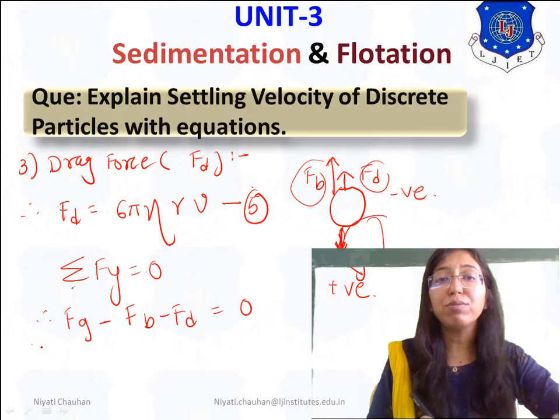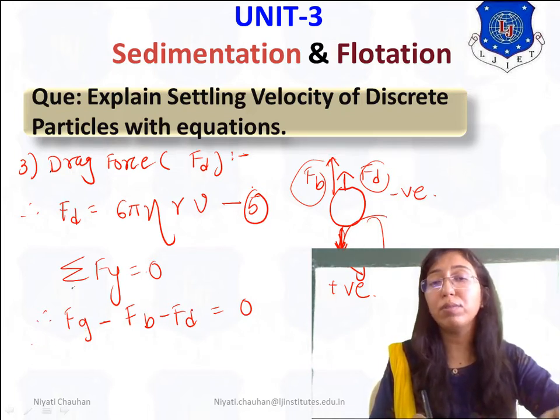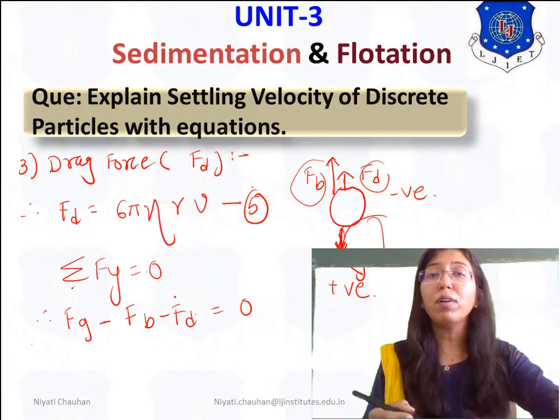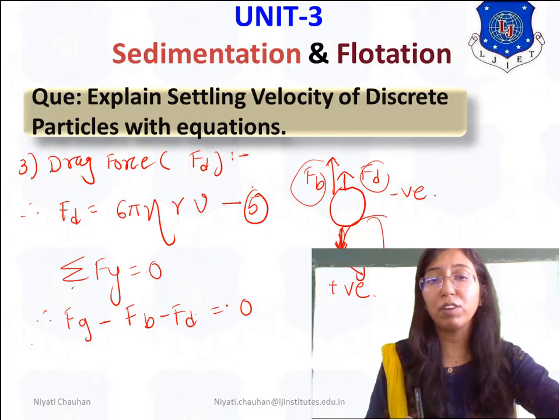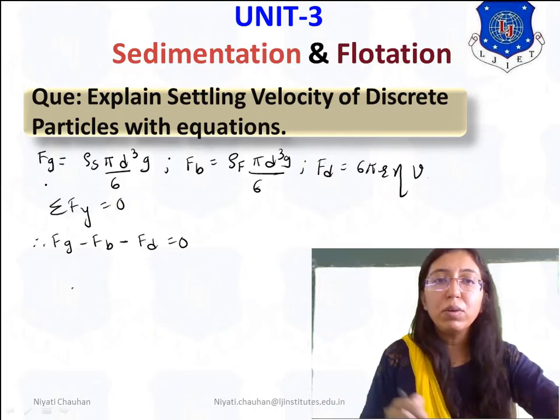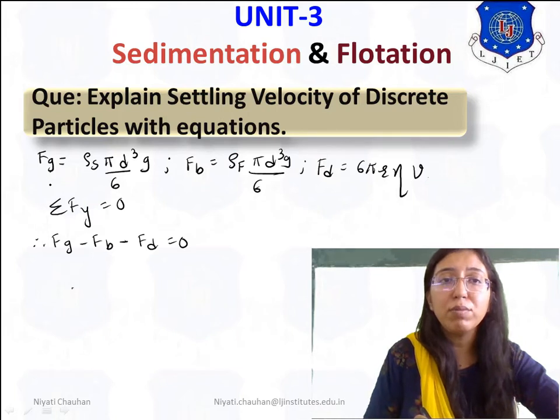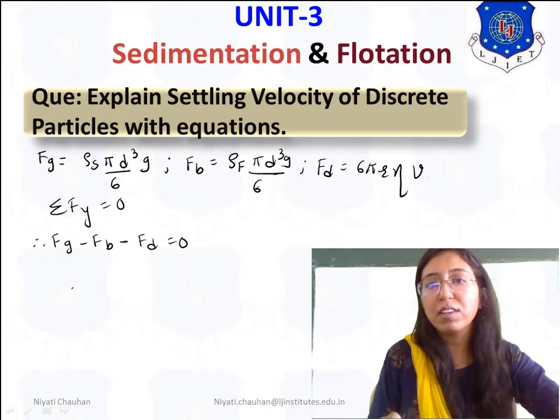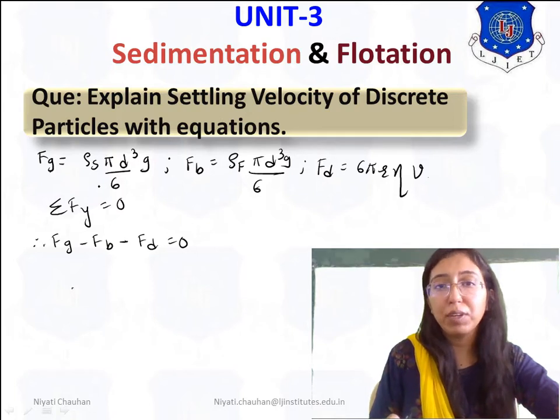We know that Fg is the gravitational force, Fb is the buoyant force, and Fd is the drag force, so put all values in this equation. Gravitational force Fg is equal to rho s pi d cube g upon 6, buoyant force Fb is equal to rho f pi d cube g upon 6, and drag force is 6 pi r eta v.